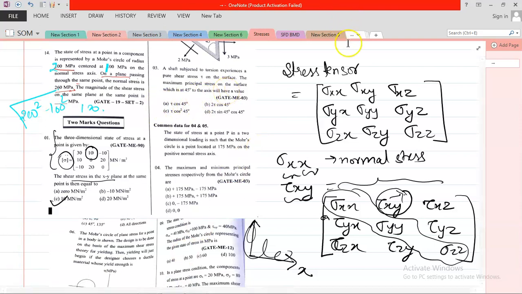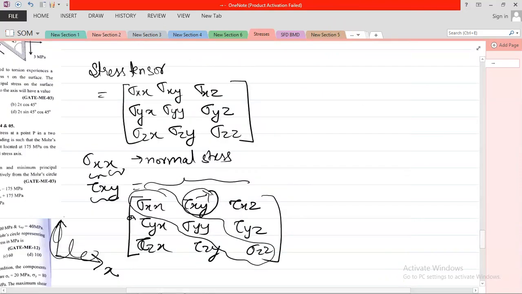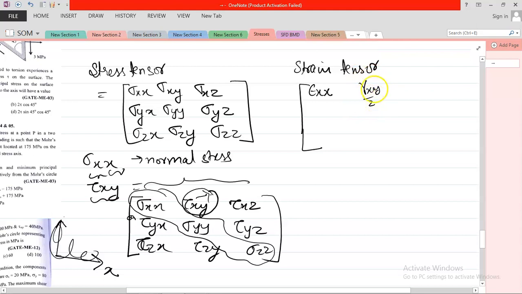Now same as with the stress tensor, let me draw the strain tensor. The strain tensor for a particular body is epsilon xx, and where you had a shear stress, the corresponding deflection will be gamma xy by 2. Remember the Mohr circle, how we replace it.